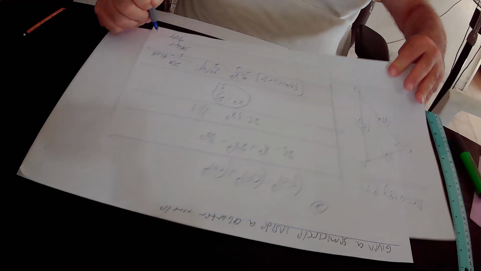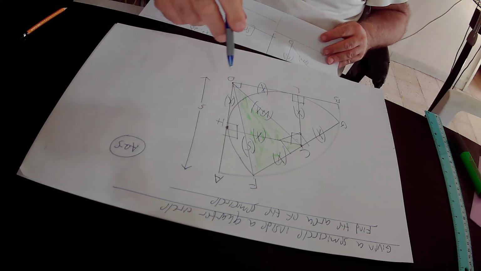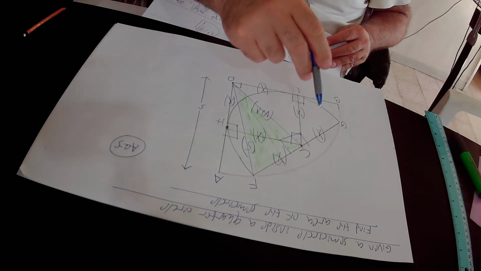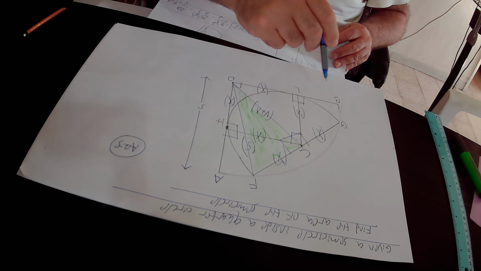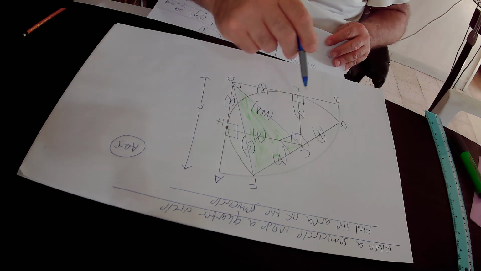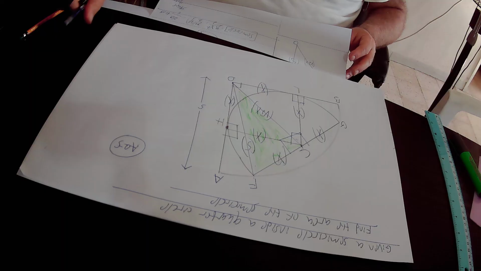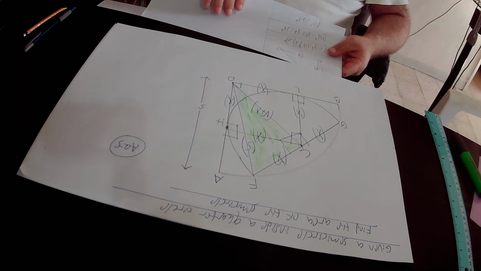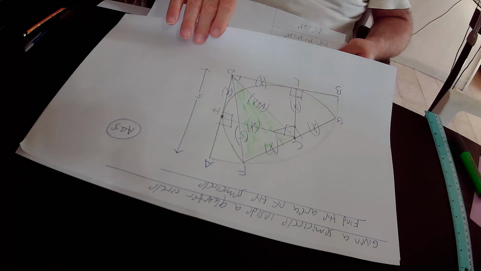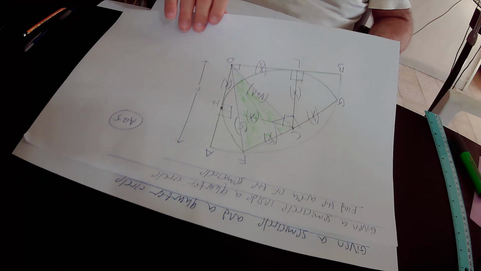Repeat again, the area of this semicircle equals 25 pi over 6 square units, or 13.09 square units. So we finish with the first question. In the next step, I present to you the second question and the answer to it.